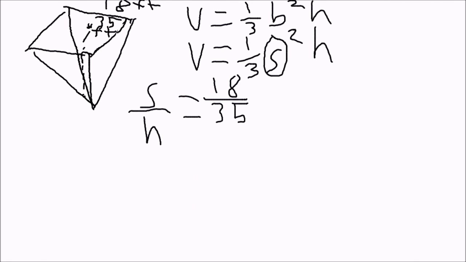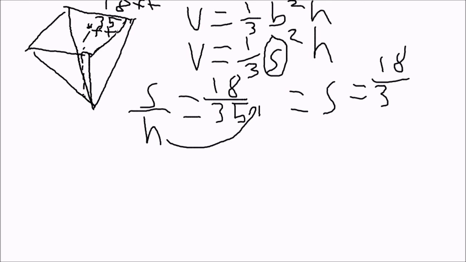Then we can use simple algebra to figure this out. Just multiply the h over here, which will make the side length equal 18 over 35 h.